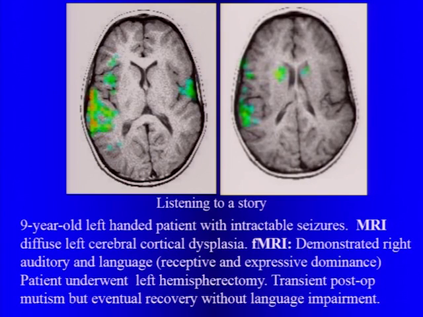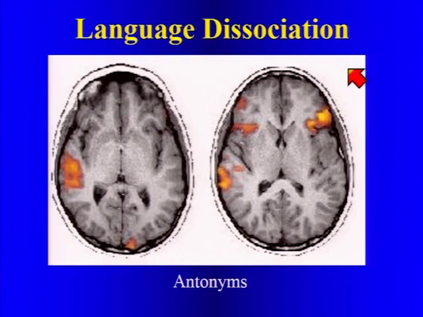As you can see here, this area of the brain on the left has a diffuse polymicrogyria, and in this child with the diffuse polymicrogyria, when we did the language mapping, his secondary auditory cortex was on the right, and in fact he had a hemispherectomy on the left. And he had some post-op mutism, but in fact went to full recovery without language impairment.